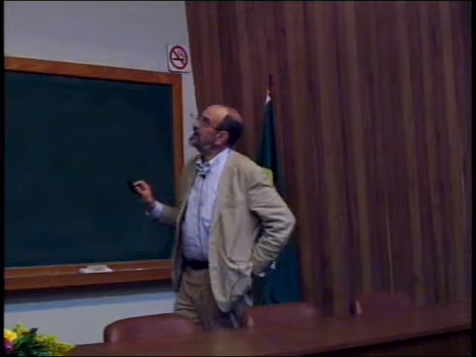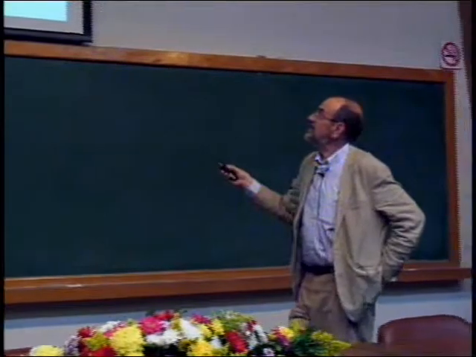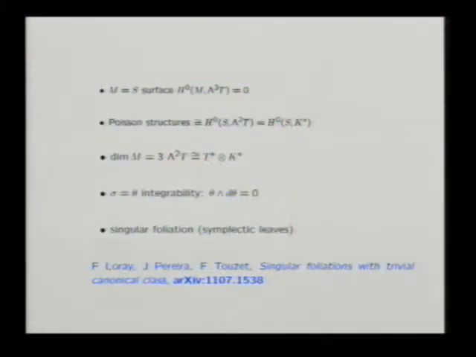If you go to 3 dimensions, then you're looking for a section of this rank 3 bundle, which is canonically isomorphic to this, so this is the cotangent bundle twisted by the anti-canonical bundle. And then the integrability condition is the Frobenius integrability condition for a foliation.